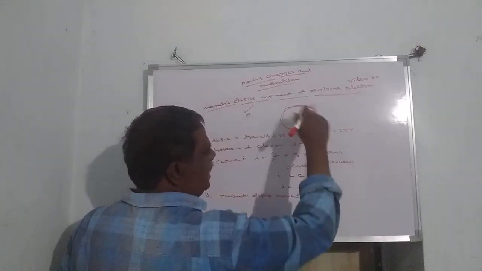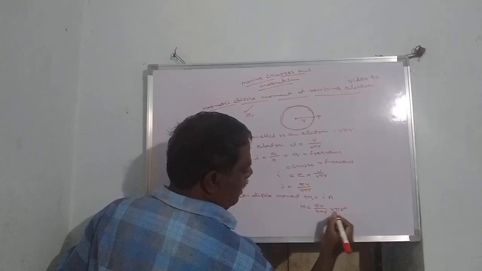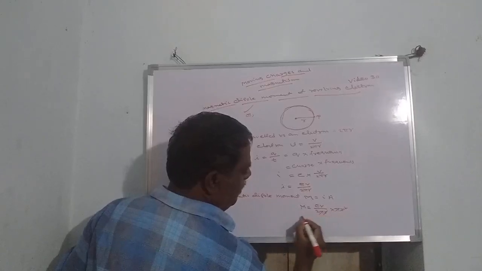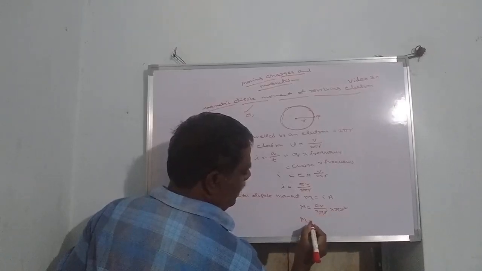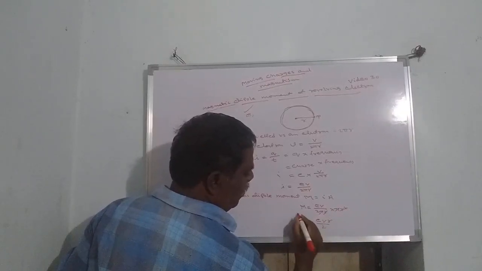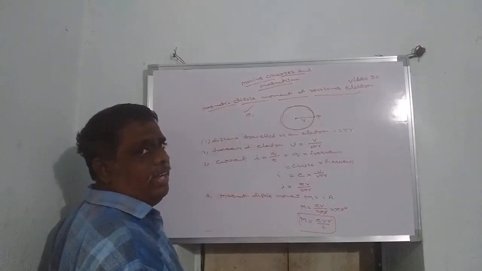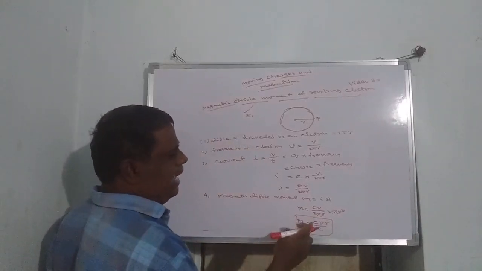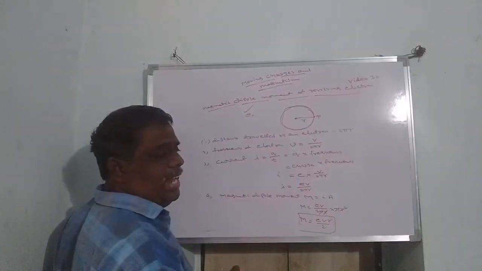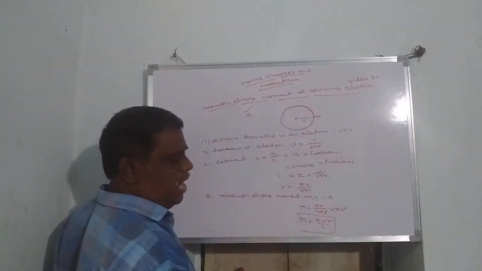But area of cross section, so circular cross section, it will be pi r square. r will be cancelled, pi will be cancelled. Then magnetic dipole moment will be evr by 2. Here e is the charge of an electron, v is the velocity of the revolving electron, r is the radius of the circular orbit.